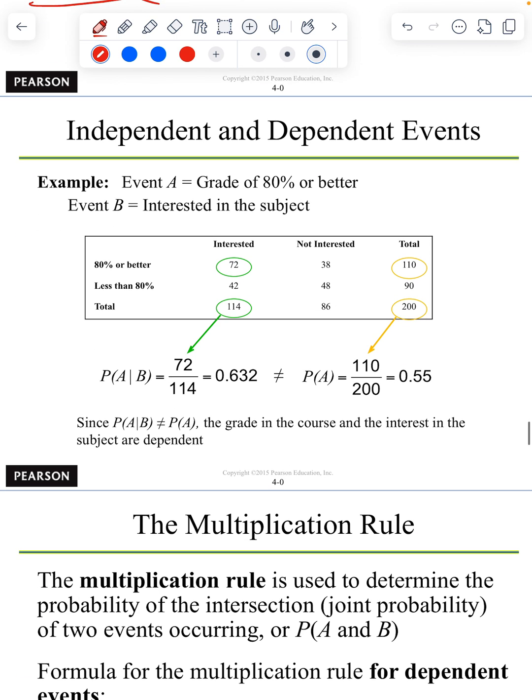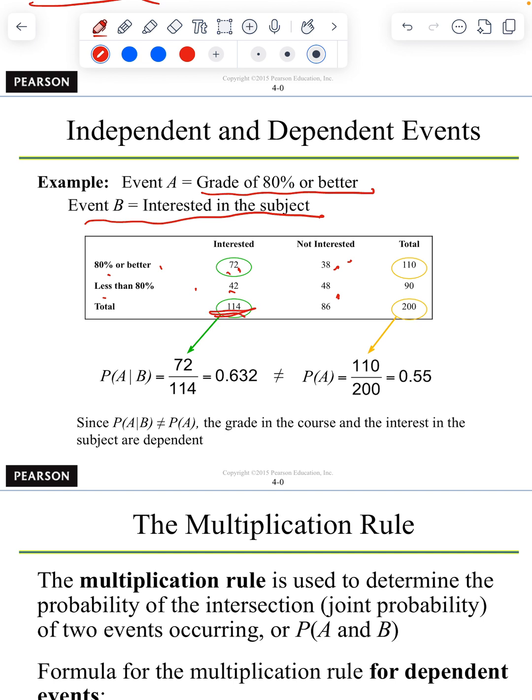So let's look at event A, a grade of 80% or better, and event B, interested in the subject. We're looking at interested or not interested in the subject matter, 80% or better, and less than 80%. If you look at how many are interested in the subject, you've got 72 over 114 that were surveyed.